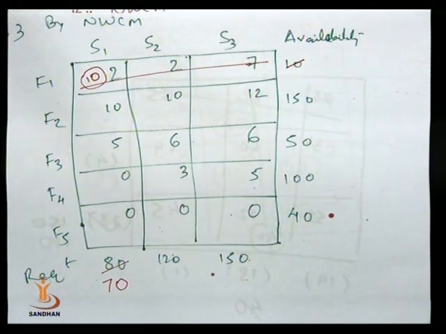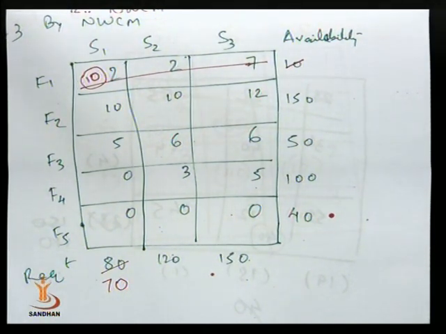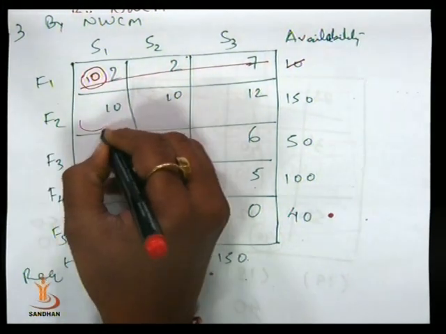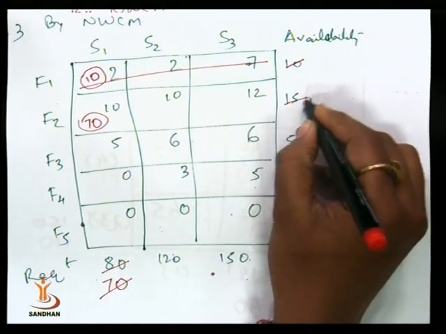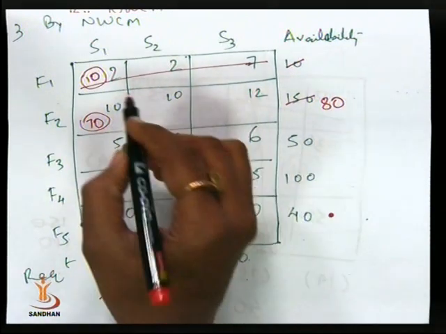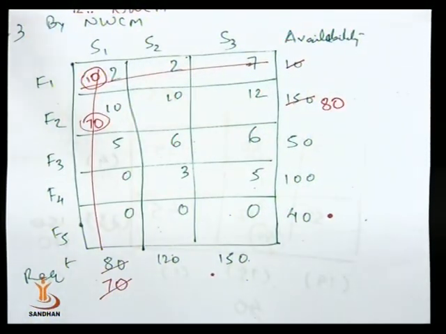Now the northwest cell is F2 S1. There is an availability of 150 units and requirement of 70 units. So we allocate 70 units in that cell and now availability of 80 units remains. The requirement of S1 depot is satisfied.